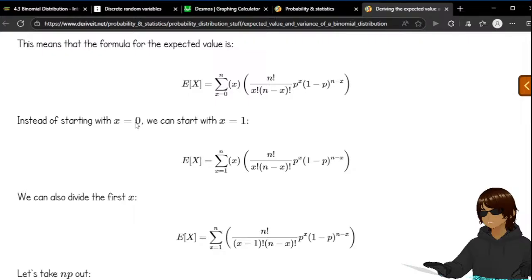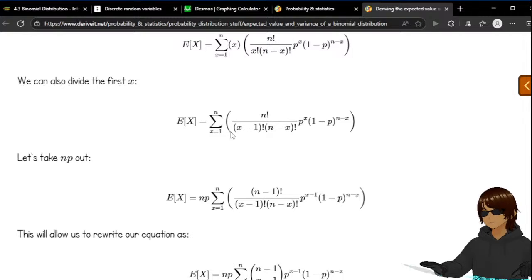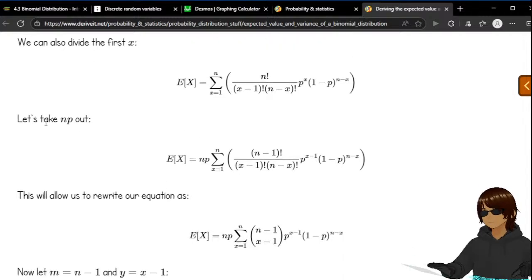Instead of starting with x equal to 0, we can start with x equal to 1. We can also divide the first x. x divided by x factorial leaves us with x minus 1 factorial. Let's take np out.